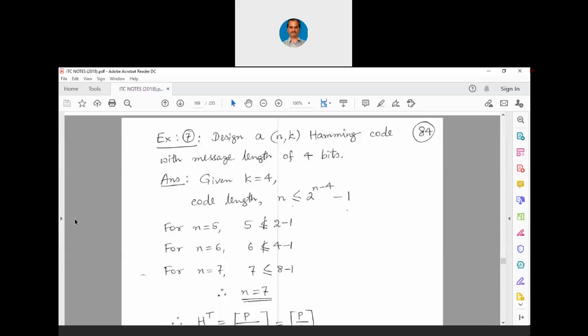Totally we can have the code vector of 7 bits. So n equals 7 is possible. N can be 8 also, 9 also, 10 also. When n is still larger, we will have still larger number of syndromes. So this is a Hamming code now. N has to be at least equal to 7 for k equals 4.